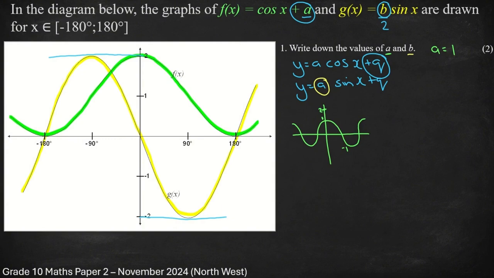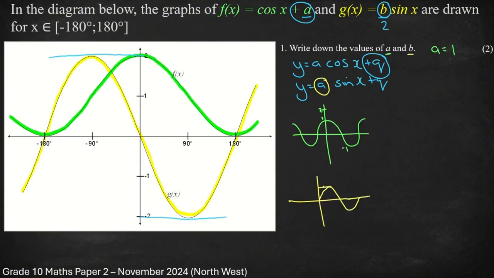But now also look at the direction of this yellow graph, the basic sin graph. Let me quickly draw it for you. It starts at the origin and it moves upwards. It reaches a maximum at 1 and then it goes down where it reaches a minimum at -1 before it returns to 0 on the x-axis. Let me just extend this.